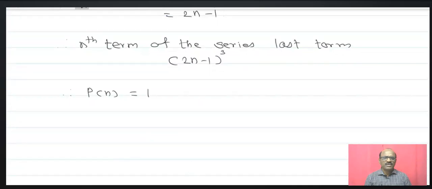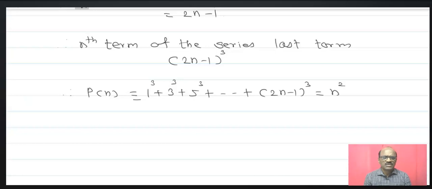Therefore, P of n is 1 cube plus 3 cube plus 5 cube plus dash dash plus (2n minus 1) bracket cube is equal to n square (2n square minus 1).